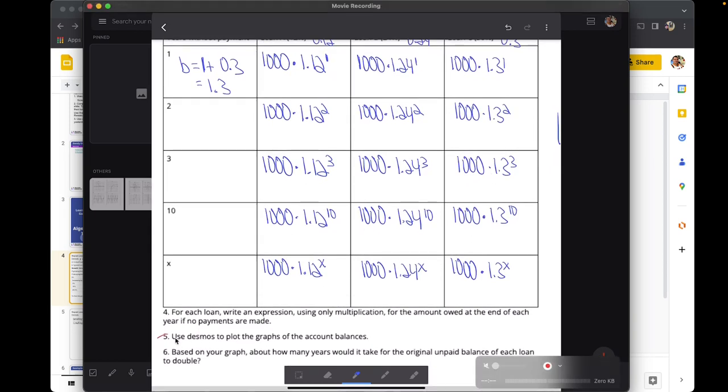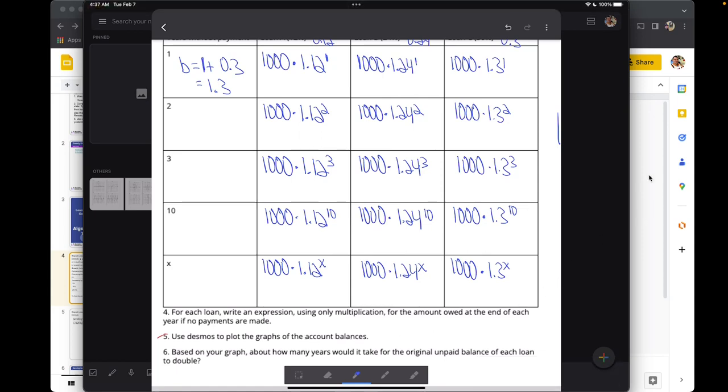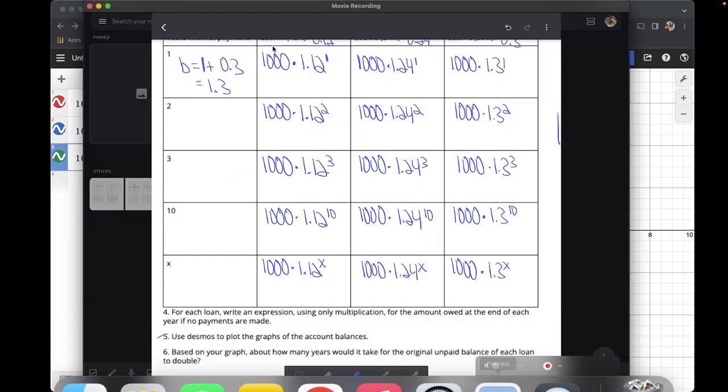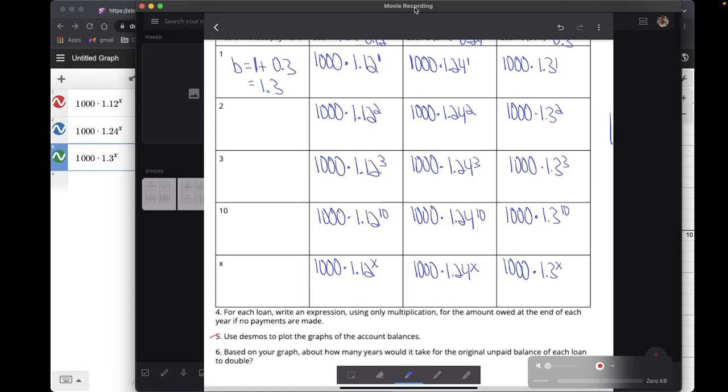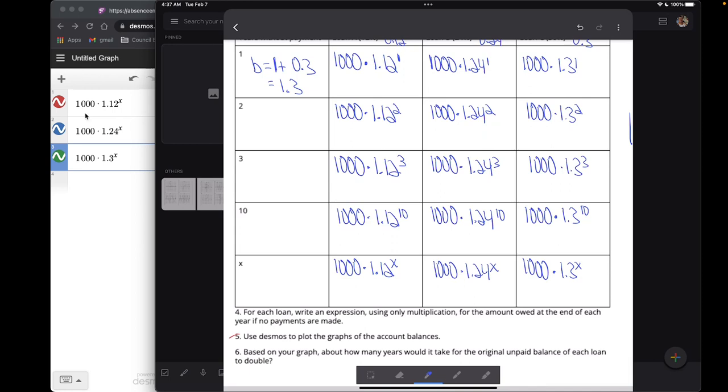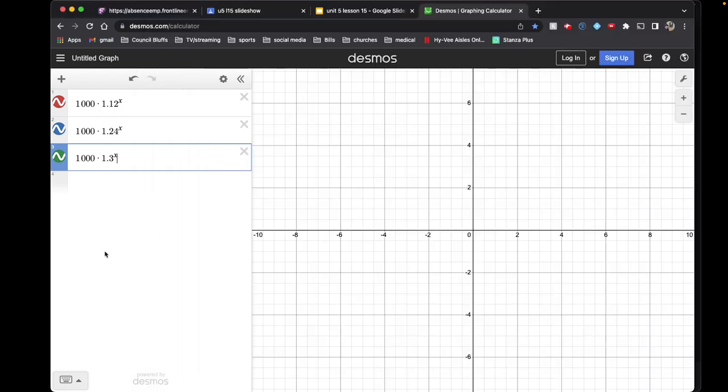The second problem: use Desmos to plot the graphs of the account balances. I have another tab up here with the graphs. All I did was take my equations and plot those in Desmos.